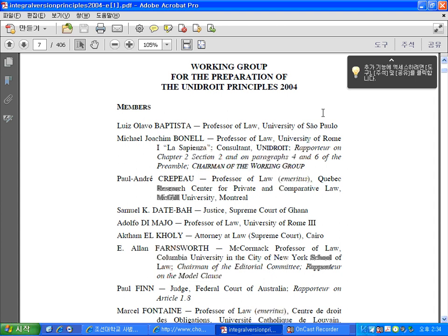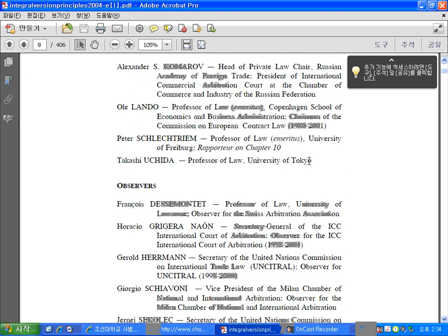And this approach also operates to remove the difficulties involved in the work of a unification. So the international authority likes to avoid the hard nature of a codification.